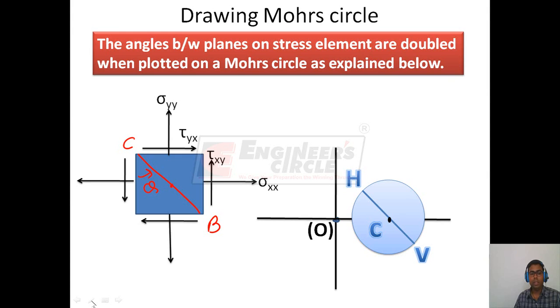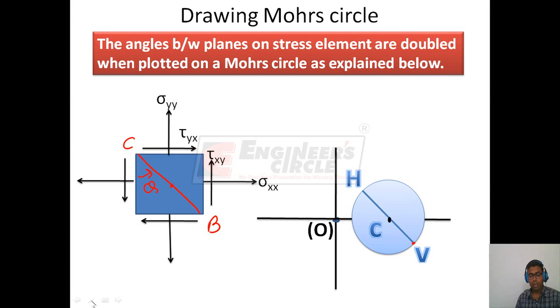For this, we see that the angle which the plane CB makes with the vertical is theta on the stress element. Now, on the Mohr's circle also, we will take the angle from the vertical plane only, and the angle is to be measured in the anticlockwise direction from plane CB.